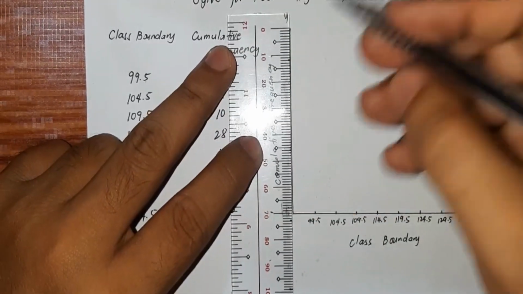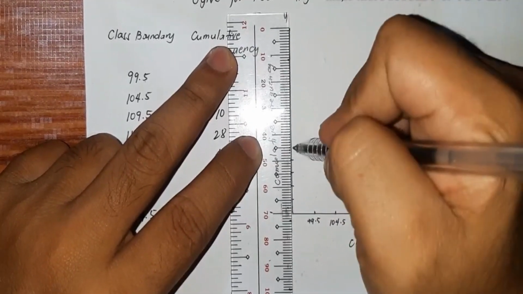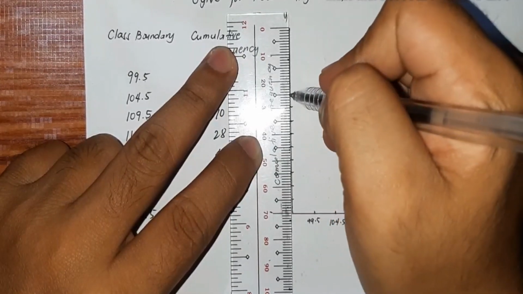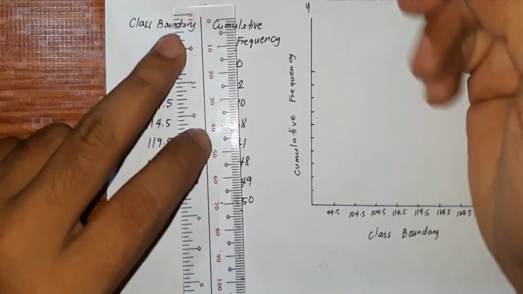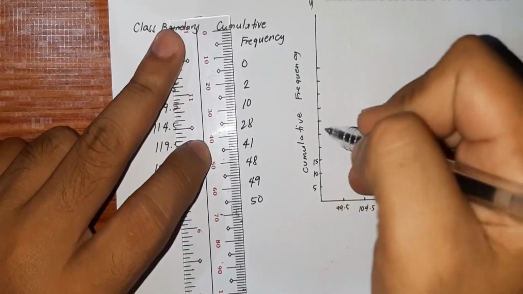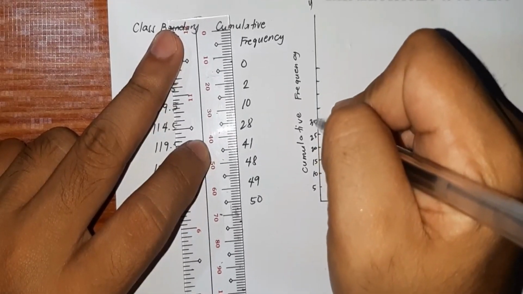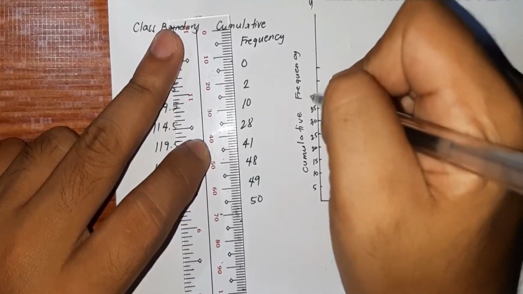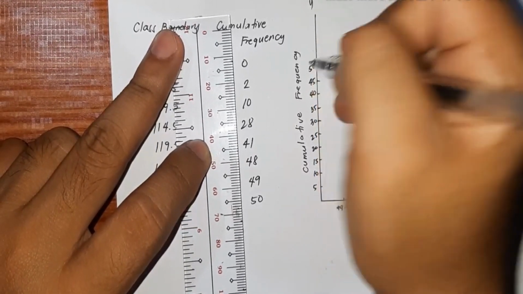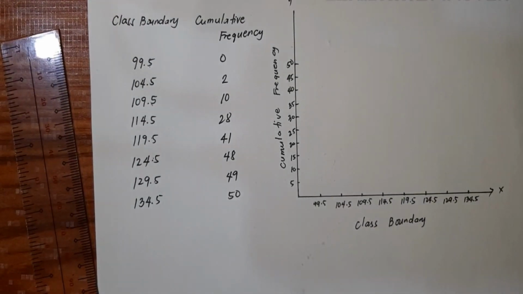So from 0, we have 5, 10, 15, 20, 25, 30, 35, 40, 45, and then 50.